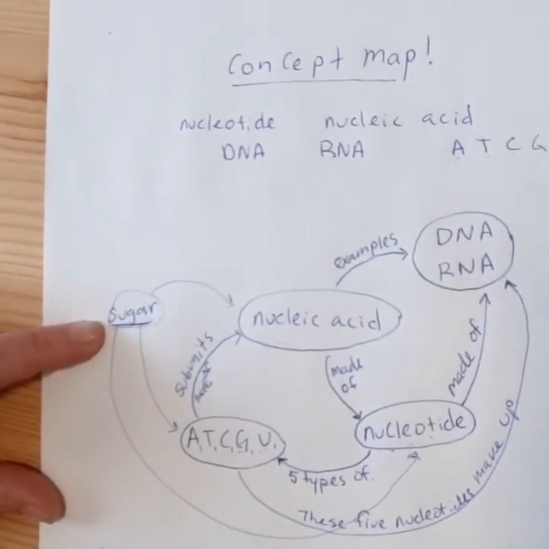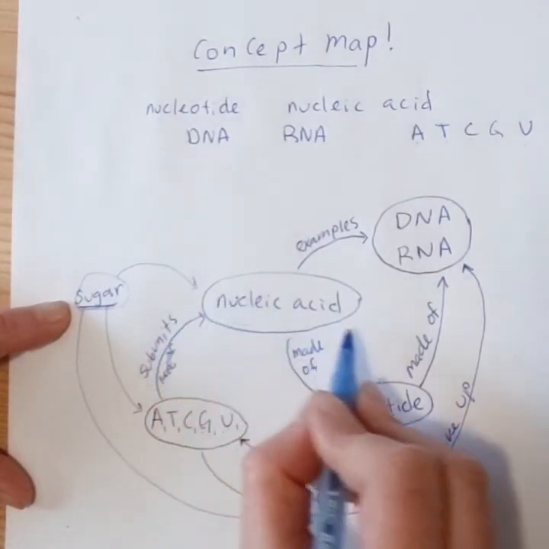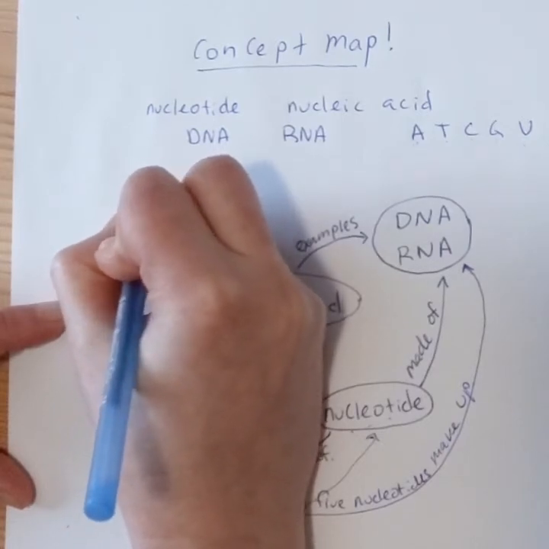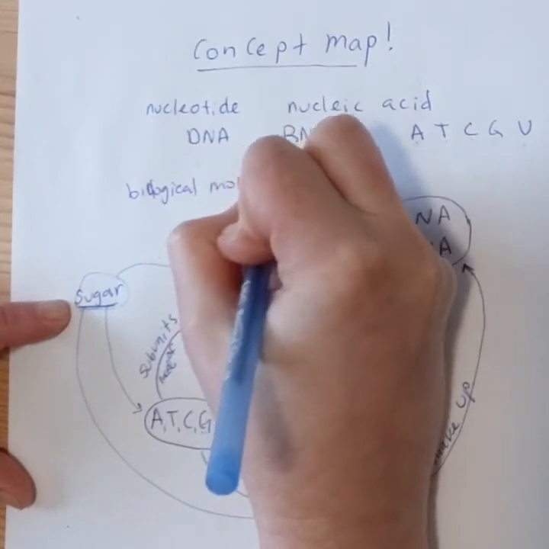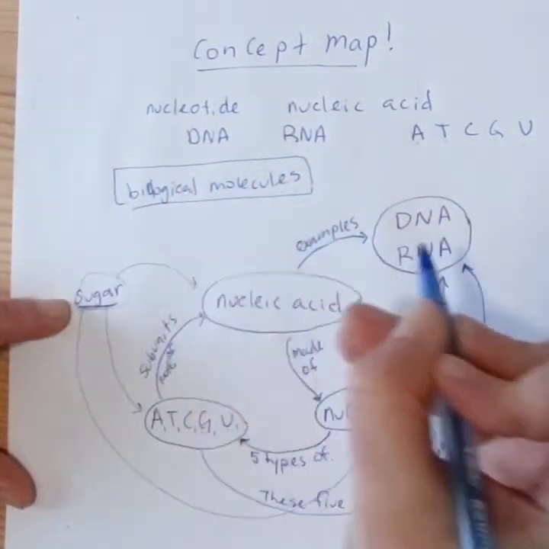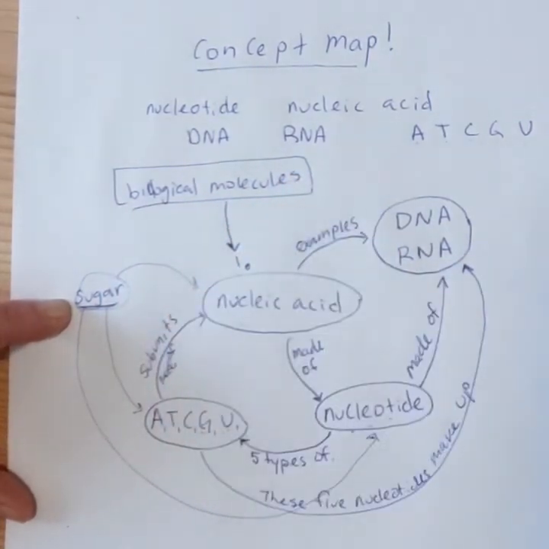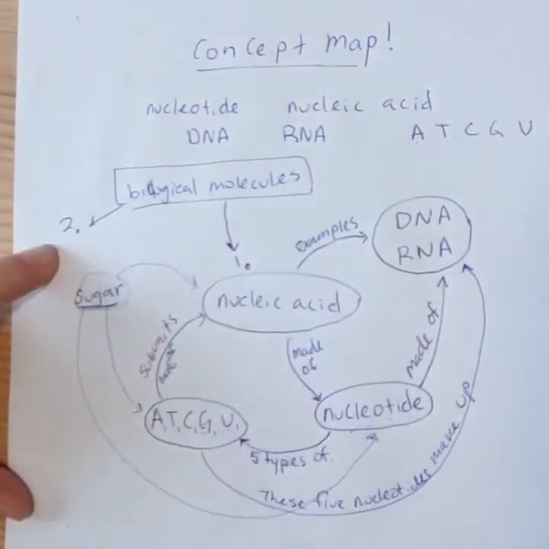Another fun thing that you could do, and I recommend you do after watching this video, is come up with a concept map for the other types of biological molecules. Right? Because we have 4 types of biological molecules. One of them is nucleic acids. Then you have biological molecule number 2, your proteins.